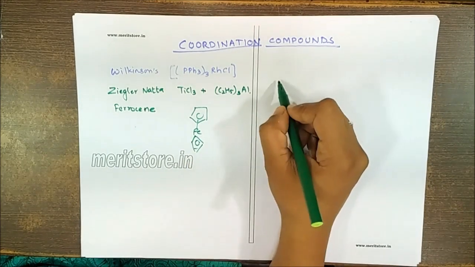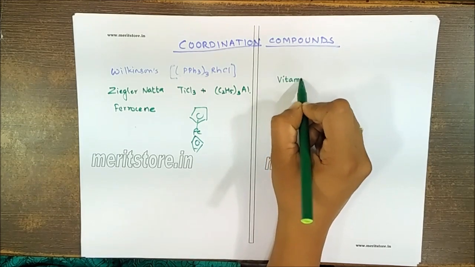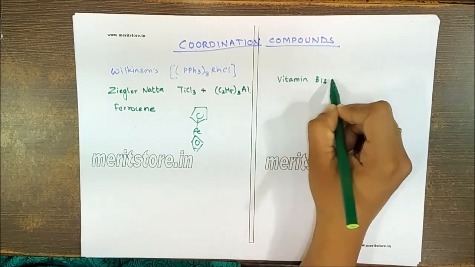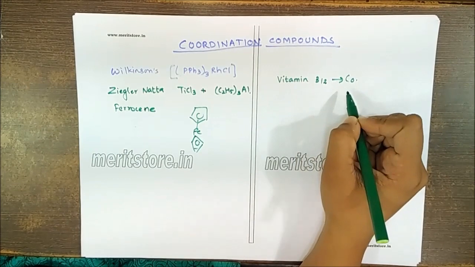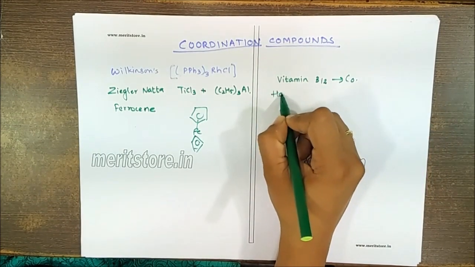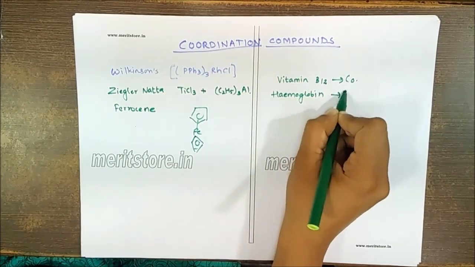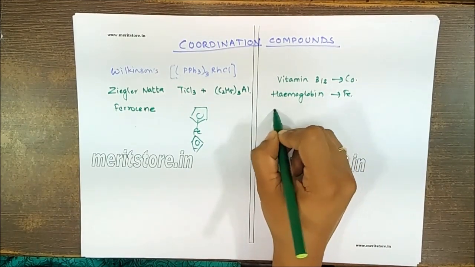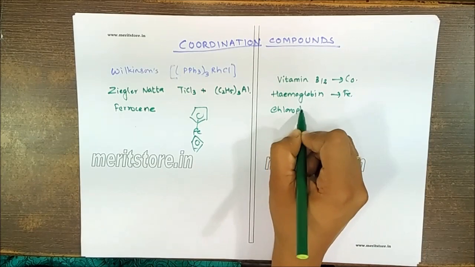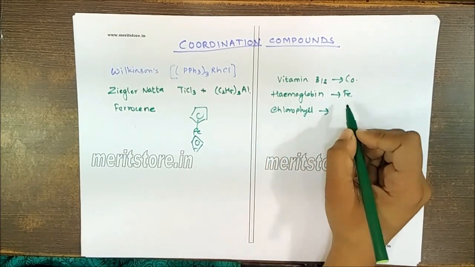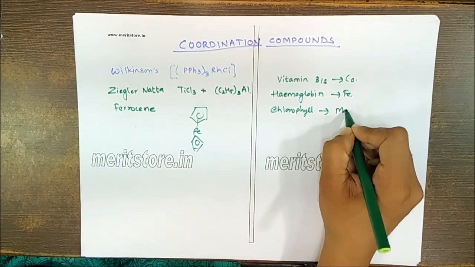Then we can talk about vitamin B12. Vitamin B12 is having cobalt, which is a coordinate complex. Then we have hemoglobin, which is having iron, which is a coordinate complex of the iron. Then we have chlorophyll, one of the important for the greenness of the trees, containing the magnesium.